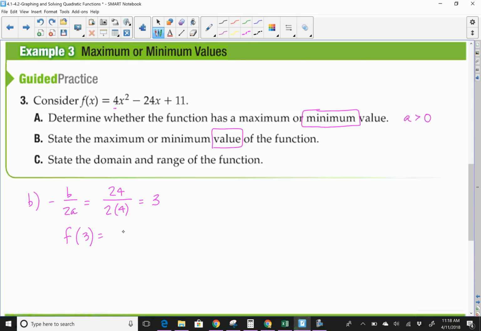F of 3 is 4 times 3 squared minus 24 times 3 plus 11, in case anybody forgot. And that, of course, gives you negative 25. So the minimum value of the function is negative 25.